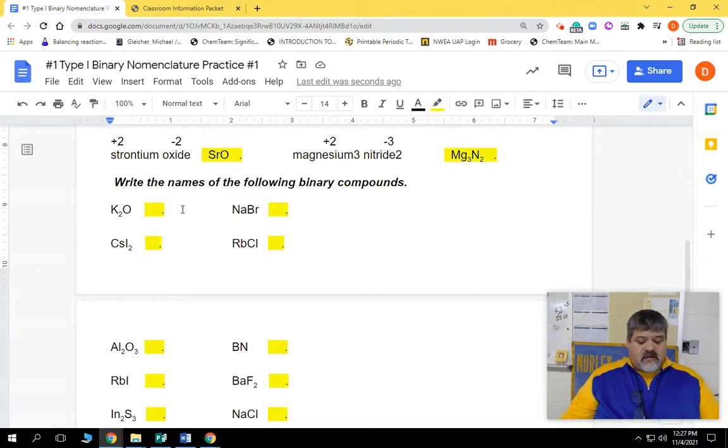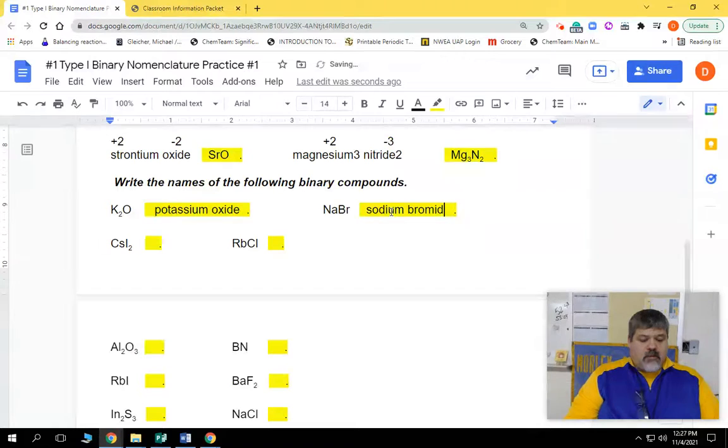So K is potassium. And then O is oxygen, so the oxygen gets changed to oxide. Na is sodium, and Br is bromine, but we change the ending to "ide," so it'll be bromide.